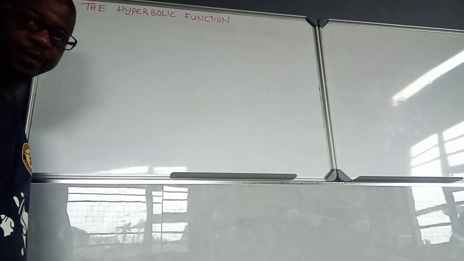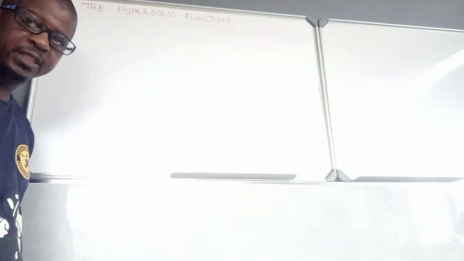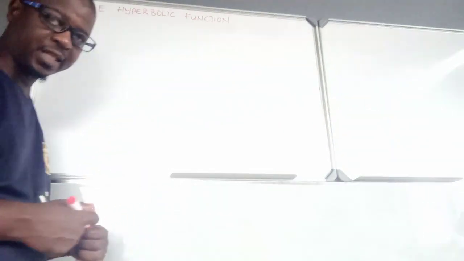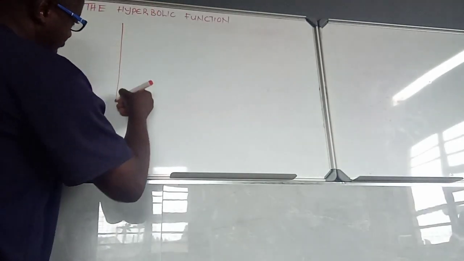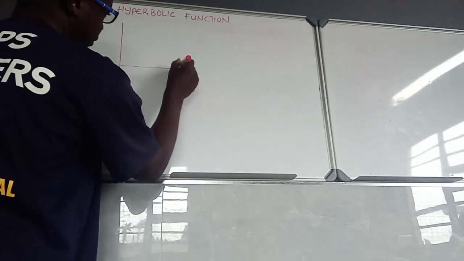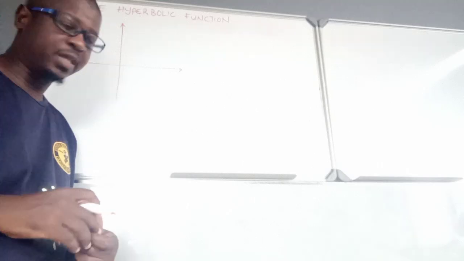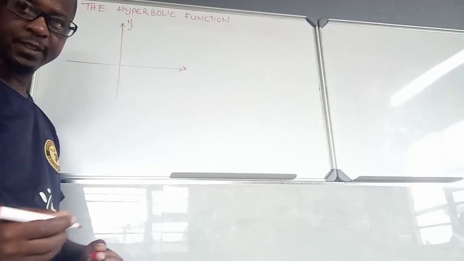Today in this video, we would like to look at the hyperbolic function. Hyperbolic function means we are talking about the hyperbola. So, what is the hyperbola? To show what a hyperbola is, I'm going to represent a graph on the Cartesian plane, with the y-axis and x-axis.